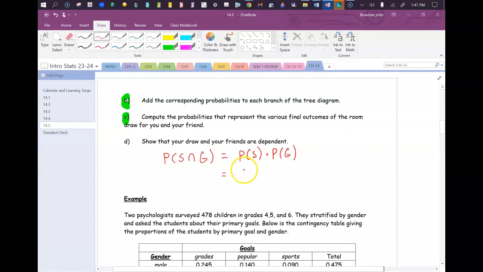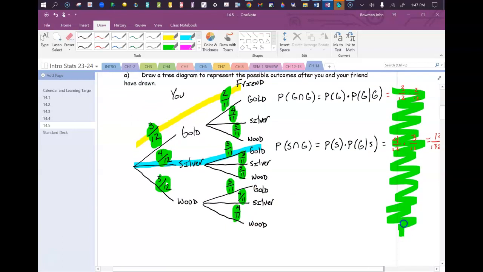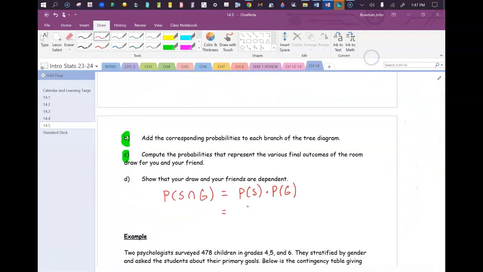So this would be probability of silver, which is 4 out of 12, times 3 out of 12, which is equal to 12 out of 144, which reduces to 1/12, which as a decimal turns out to be 1 divided by 12, 0.083 repeating, so 0.08333.